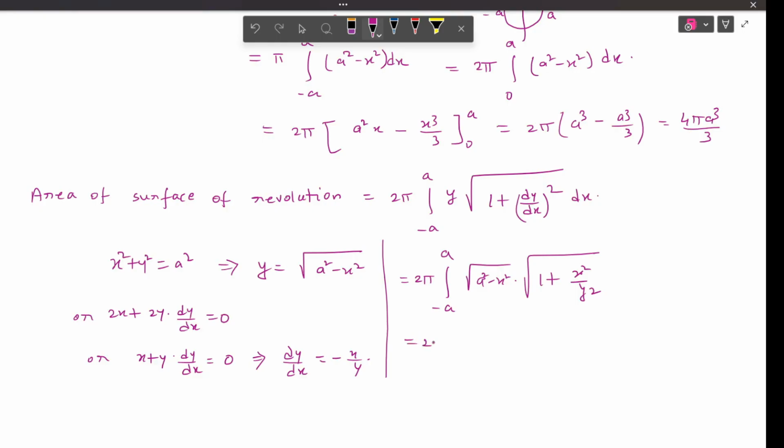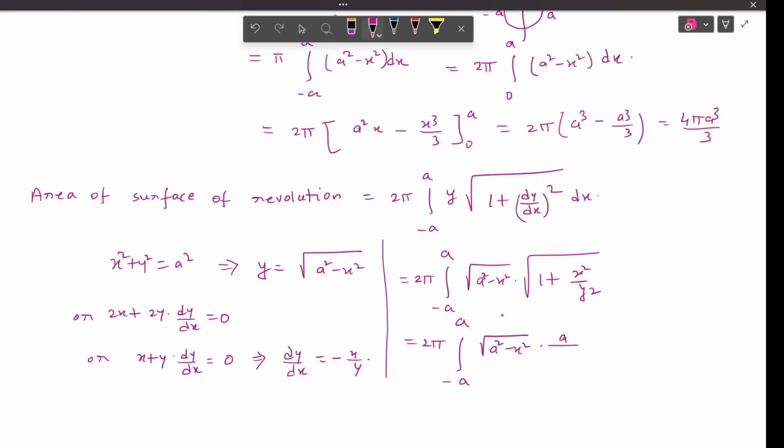Now if you do the simplification, it will be 2 pi integration minus a to a square root of a square minus x square, this would be x square plus y square by y square. X square plus y square is a square. So it would be square root of a square by y square, that is a by y. Right? This would be a by y.